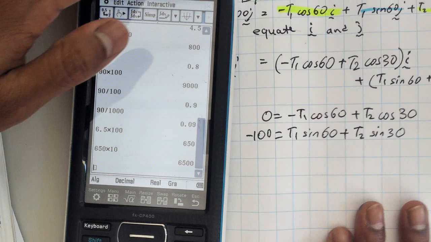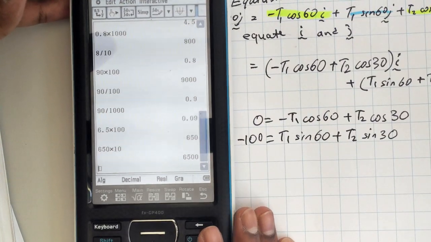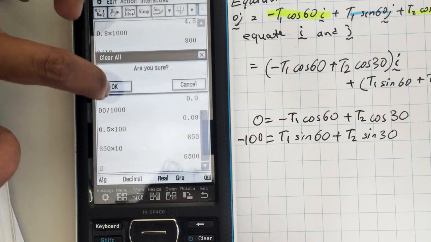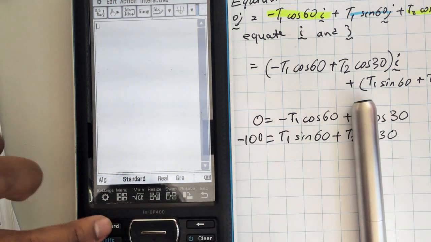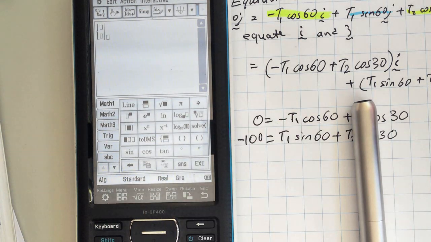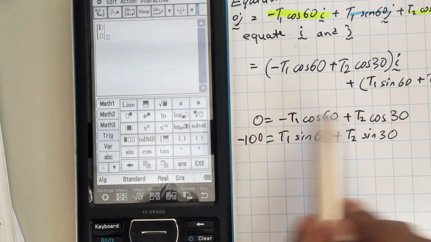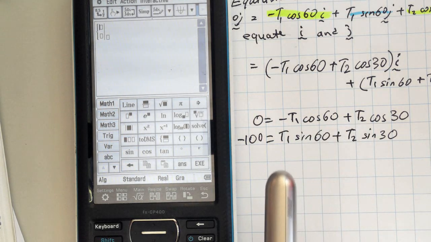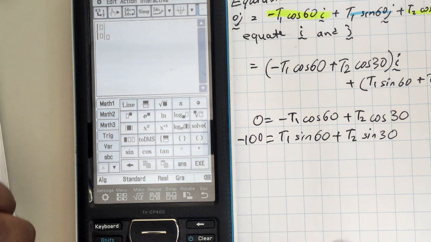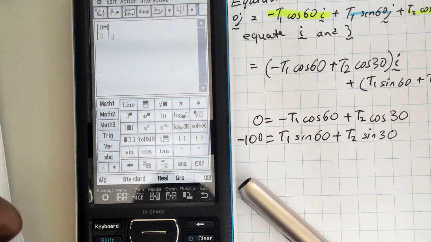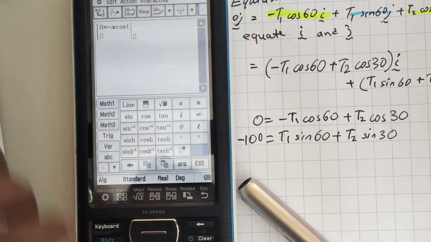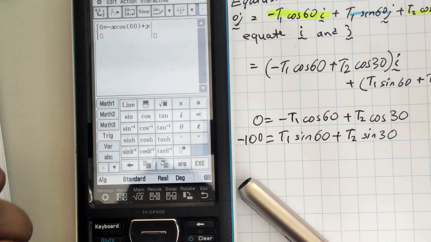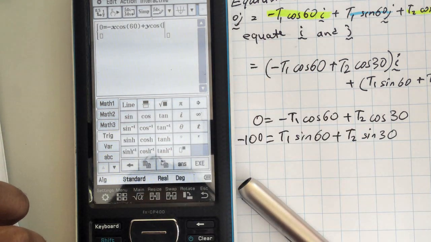Alright, so we have our two formulas there. We're going to hit on the keyboard. Let's just clear this for now. Keep it in standard form keyboard. Remember this bad boy? Literally type in this, but we'll obviously make T1 X and we'll make T2 Y just to make it easy for ourselves. So 0 equals negative X cos, make sure that that's in degrees, cos 60 plus Y cos 30.